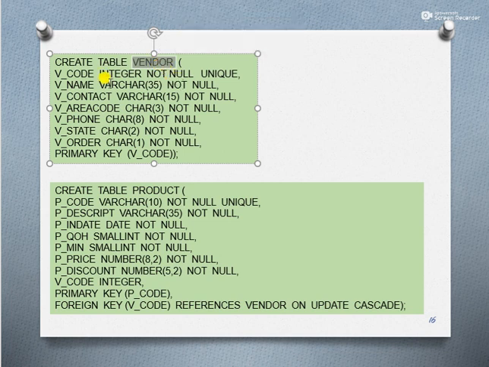Then we have these columns like VCODE. VCODE is an attribute, or column, of the table. Then the data type, and then some properties or constraints, like here we write NOT NULL UNIQUE.